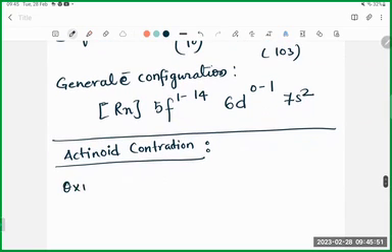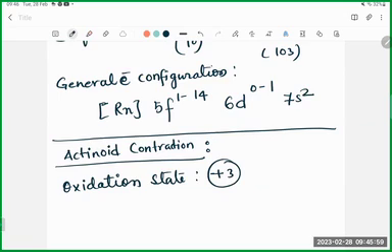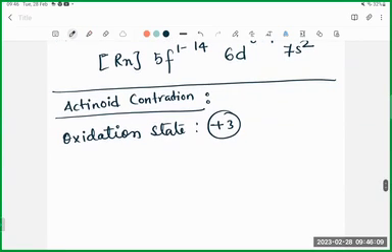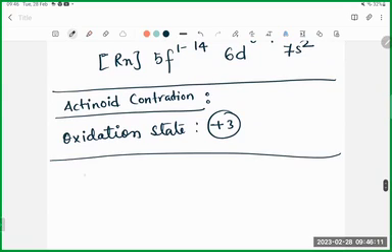Okay. Oxidation state. The most common oxidation state is also the same here. +3 is the most common oxidation state. What are the other oxidation states we have for the elements of this group? We can have +4, +5, +6, and +7, but +3 is most common.